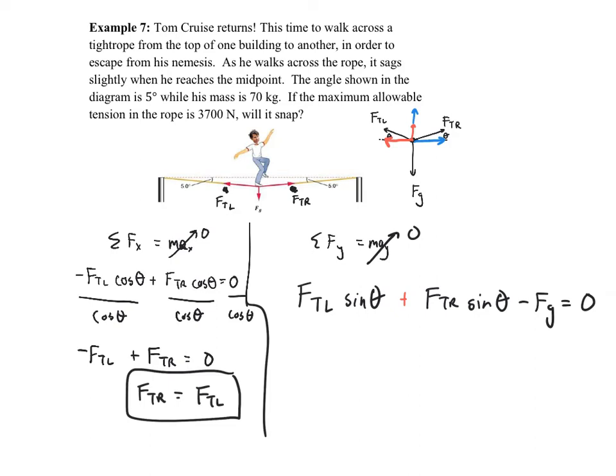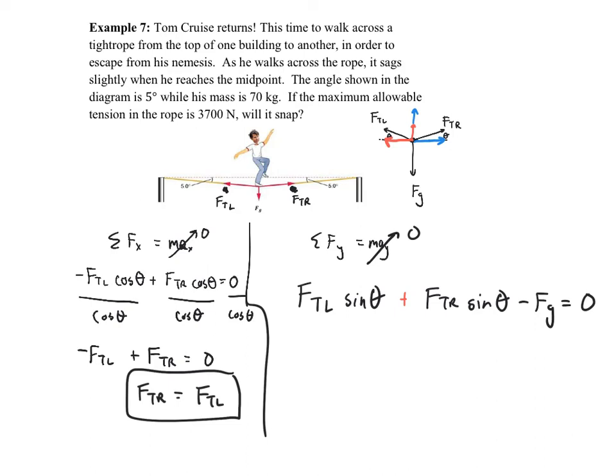FG is just mass times gravity. That's Tom Cruise. He's 70 kilograms, so 70 times 9.8 is this number. So what we don't know right now is FTL and FTR. But because they're the same, we can just call them both FT. Remember how earlier I said, if I have two different objects, I'm going to call them M1 and M2, or MA and MB.